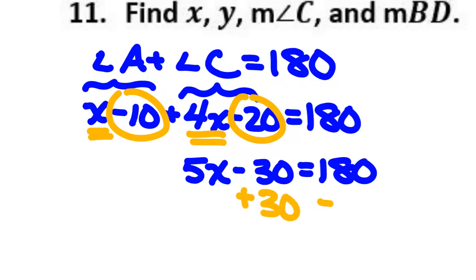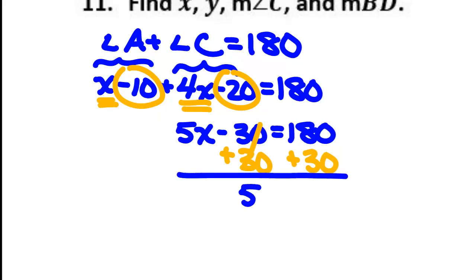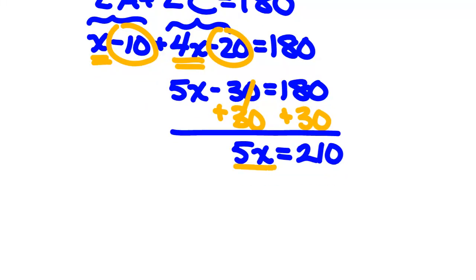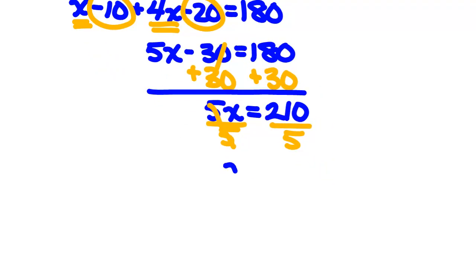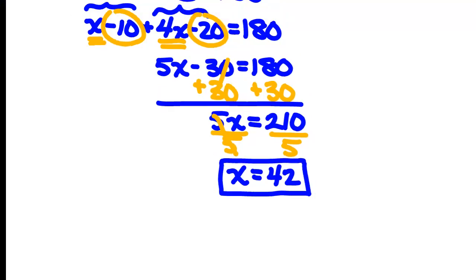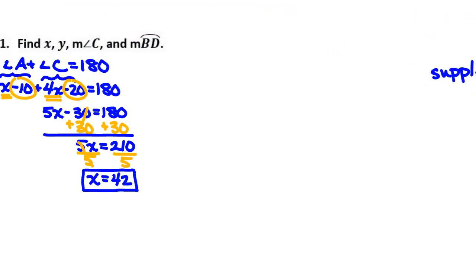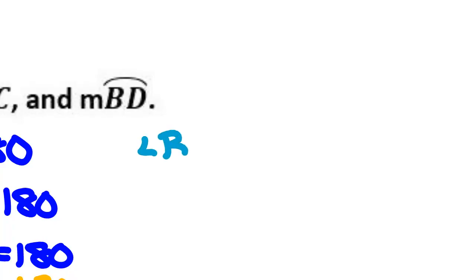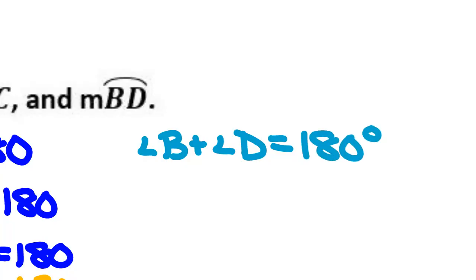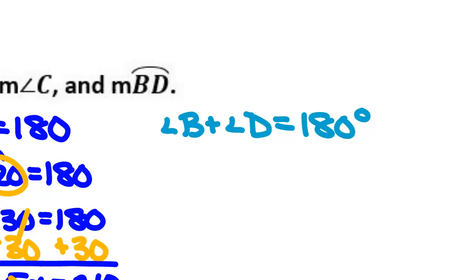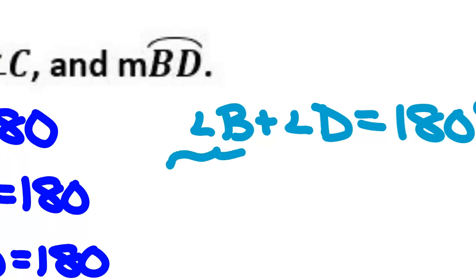We add 30 to both sides. So I get 5x equals 210, yep. And then we divide both sides by 5. We get that x is 42. Then I can do the same kind of thing to find y. Angle B plus angle D equals 180 degrees. Angle B is 2y minus 12.